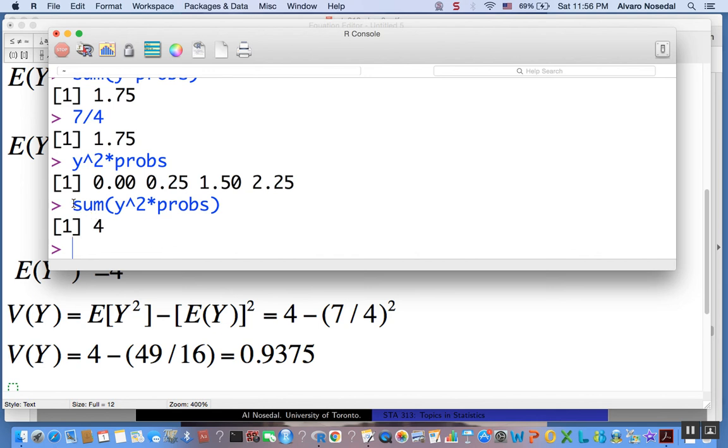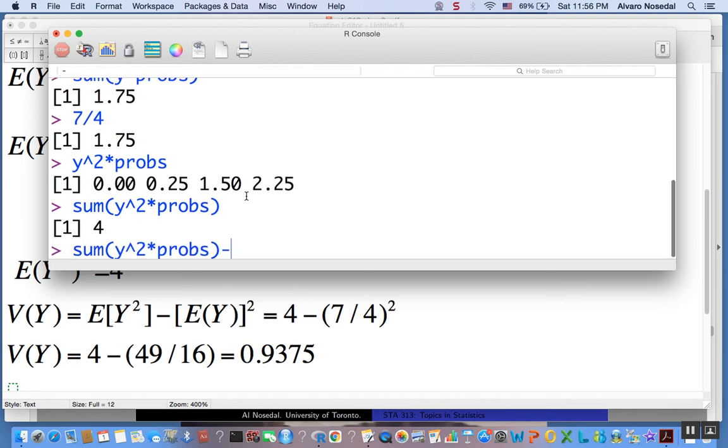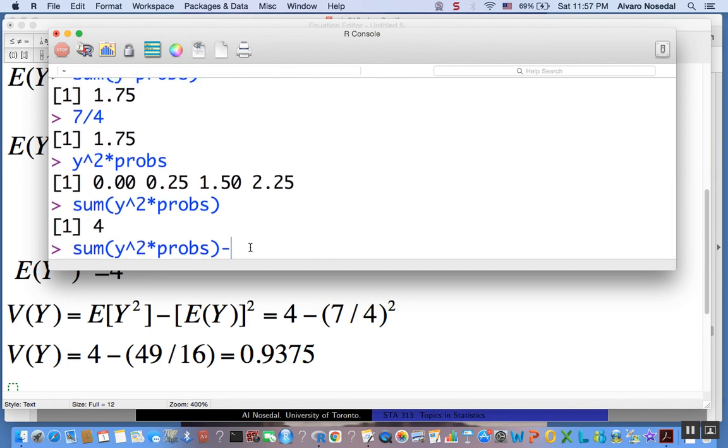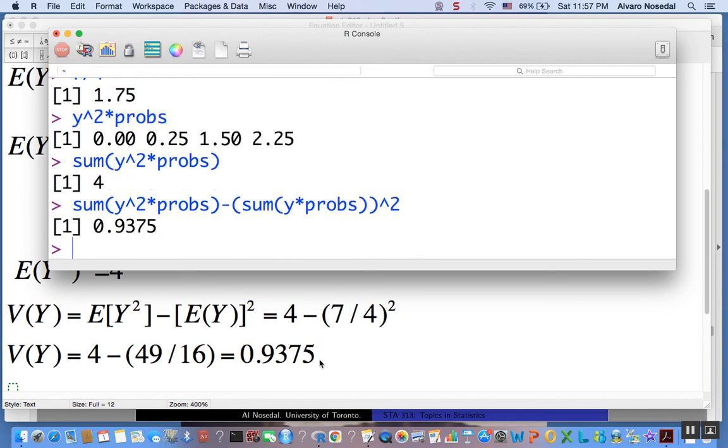So it would be just, if you want, we could do it like this: expected value of y squared minus the expected value of y, which is this guy here, squared. Okay, so that's it.